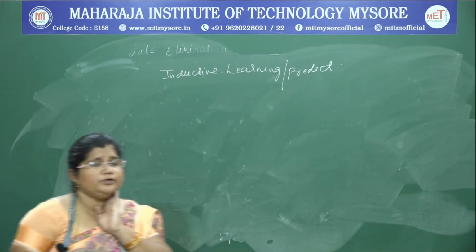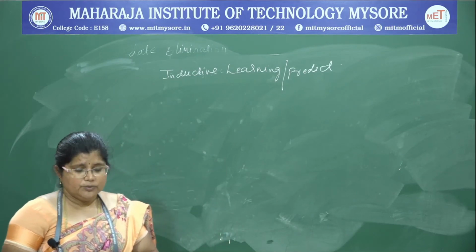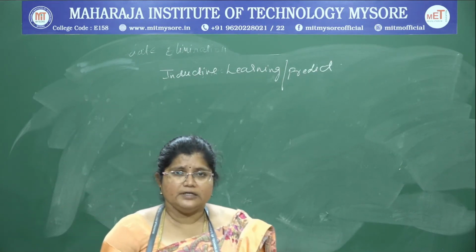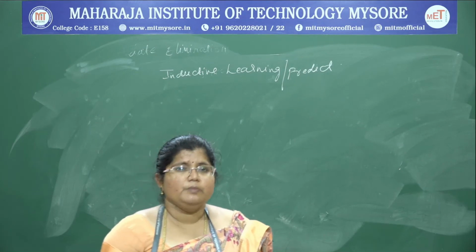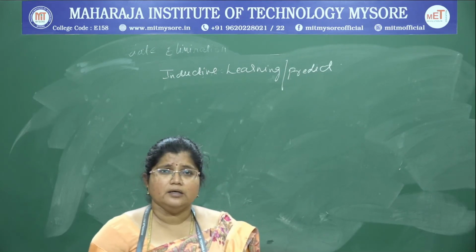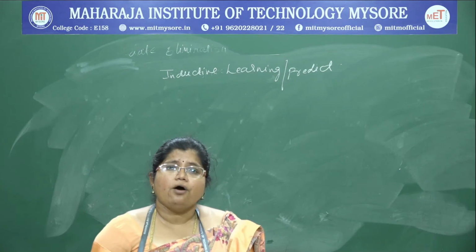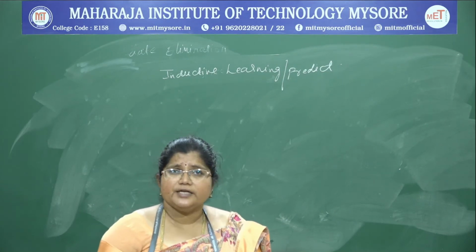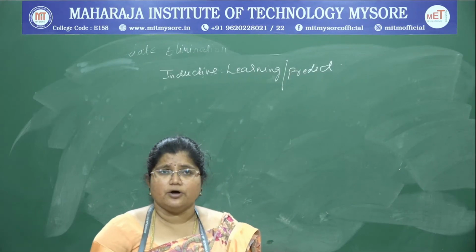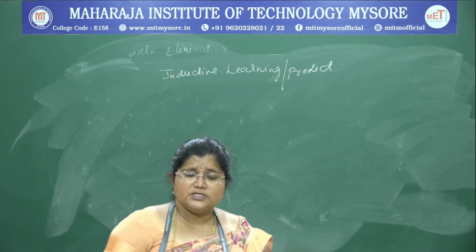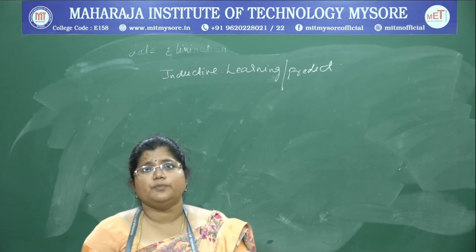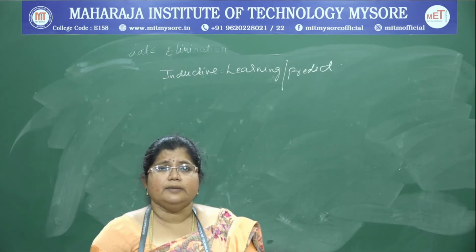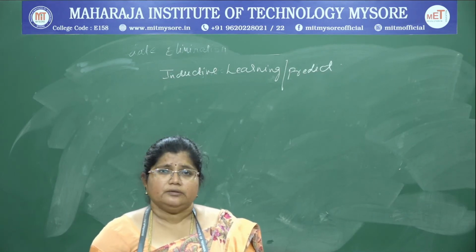So now let us move on to the inductive bias. What inductive bias is, whenever we are creating a hypothesis based on the training examples, there may be a wrong prediction, because if we come across an unobserved training example and the hypothesis does not address it properly, there may be a wrong prediction.